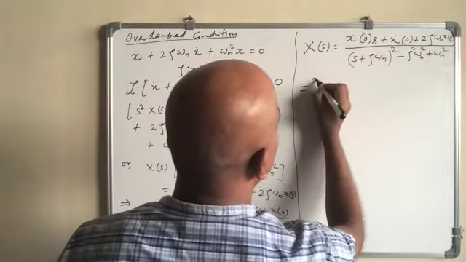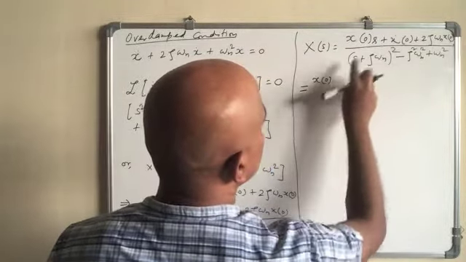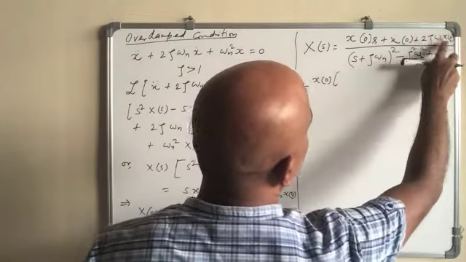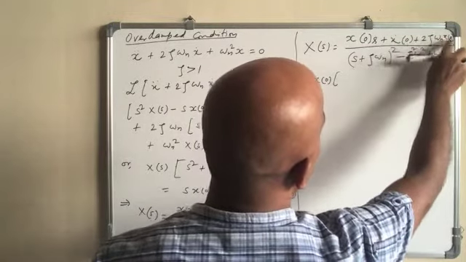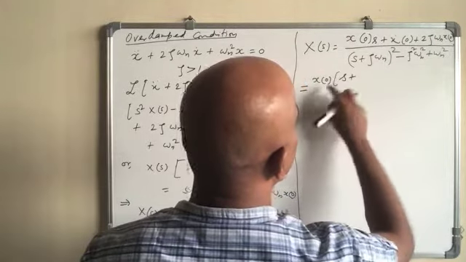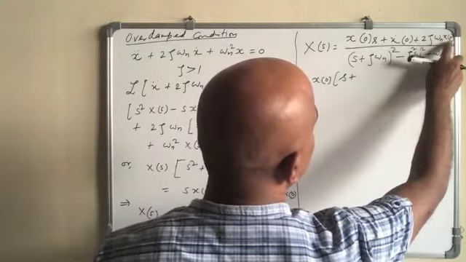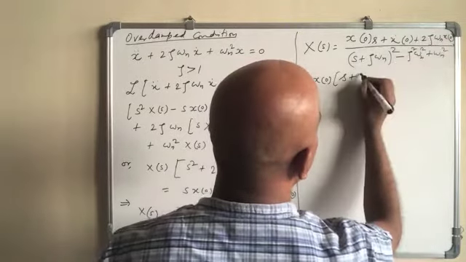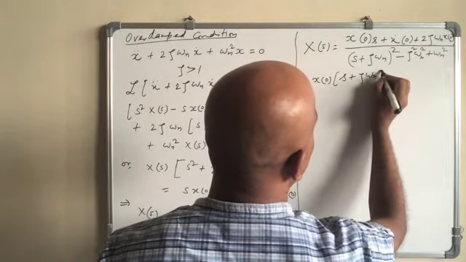So we have x0, and then we borrow one of these from here. There are 2 of them, so we take 1 from here. So this is s x0, and then 2 zeta omega n x0, so we get 1 zeta omega n x0 from here.